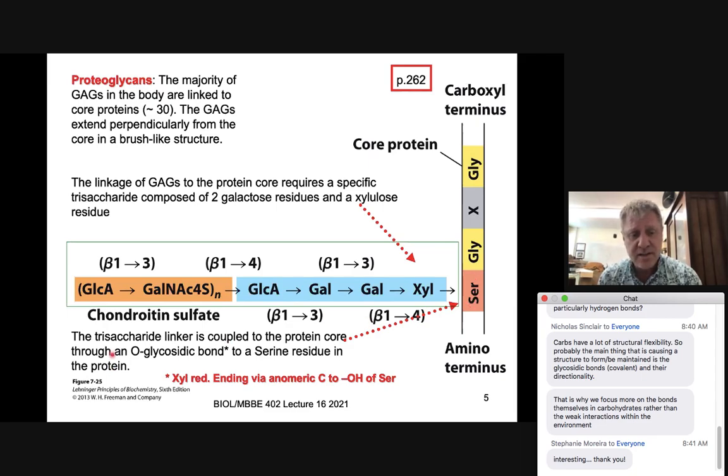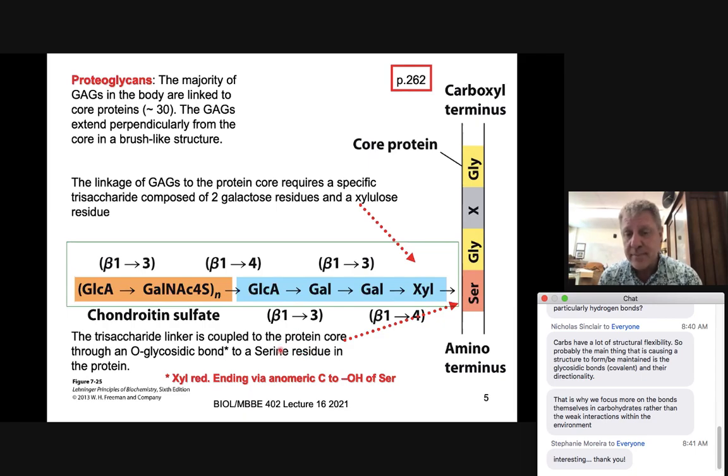So the trisaccharide interlink is coupled to the core protein by what we call an O-glycosidic bond. And we'll have a look at those O-glycosidic bonds in a second. And so the serine residue becomes that anchor component.